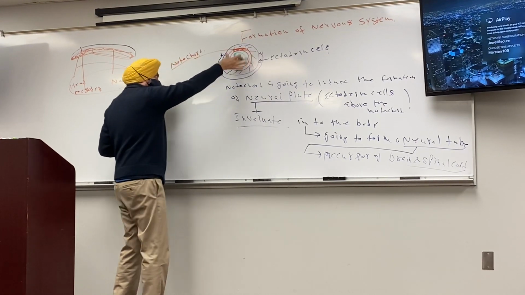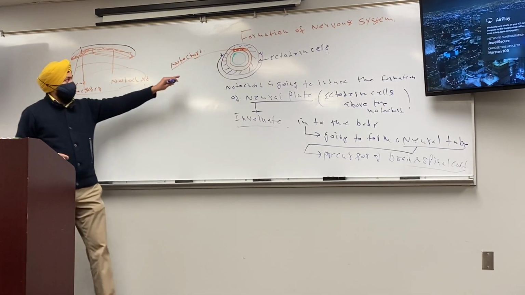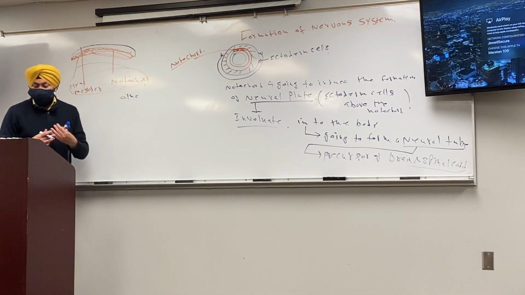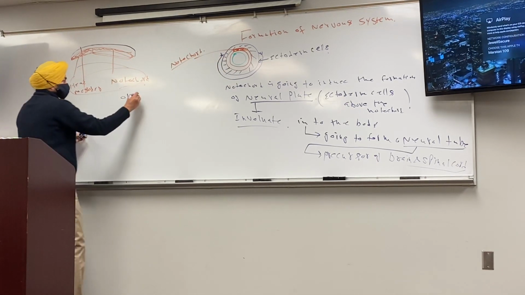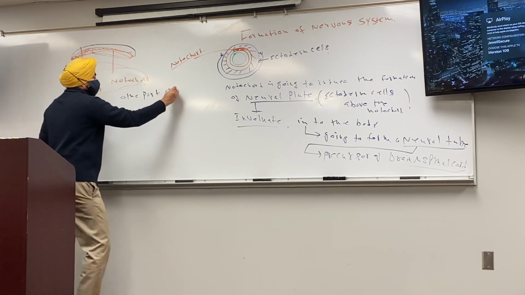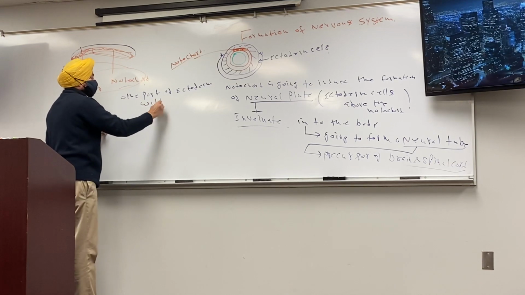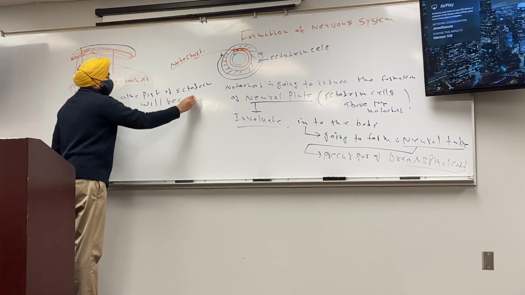Other part that is away from this. So look here, I'm leaving a gap here, right? So other part that is away from it, that other part of ectoderm will become epidermis.